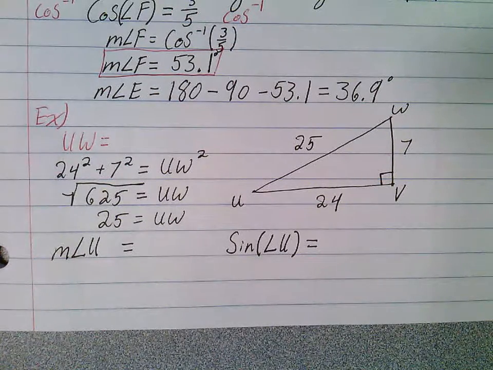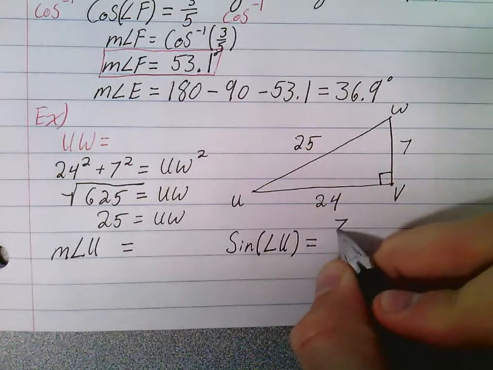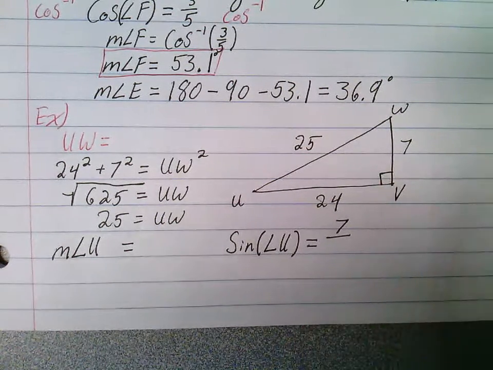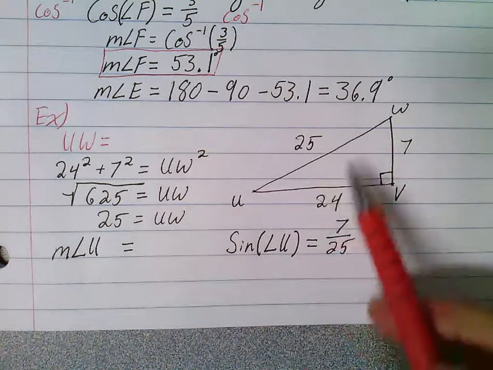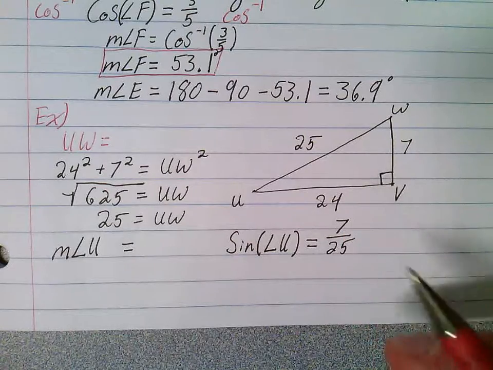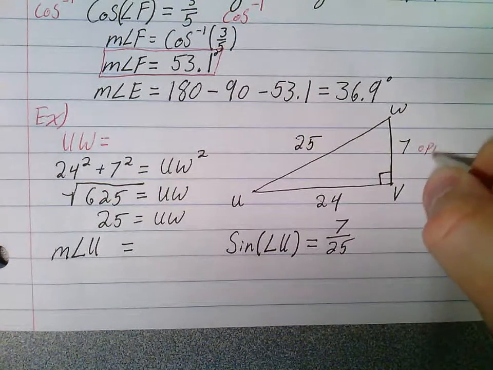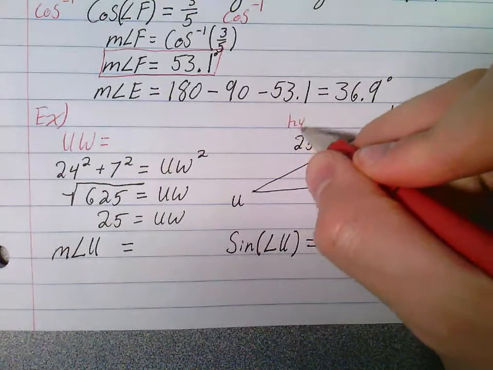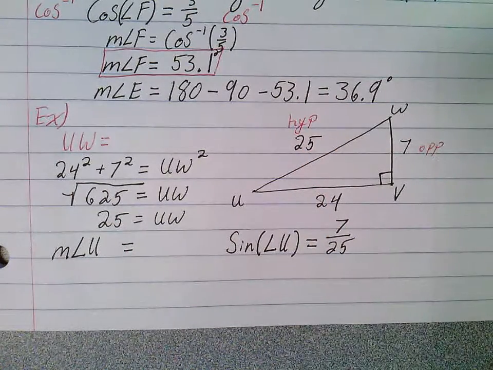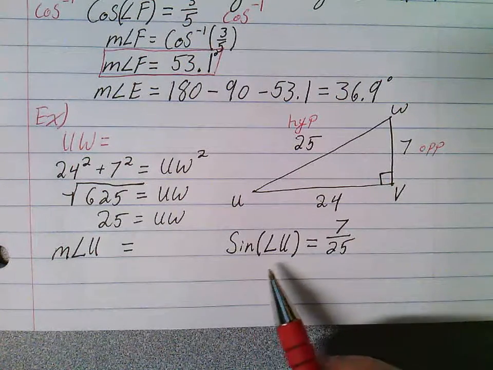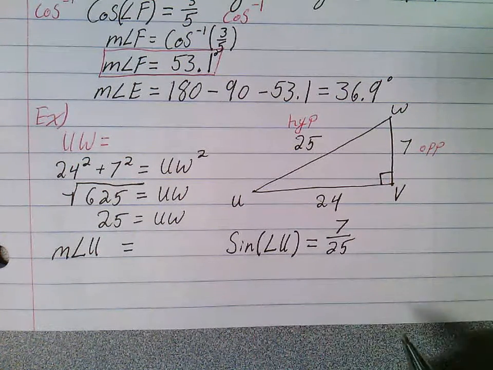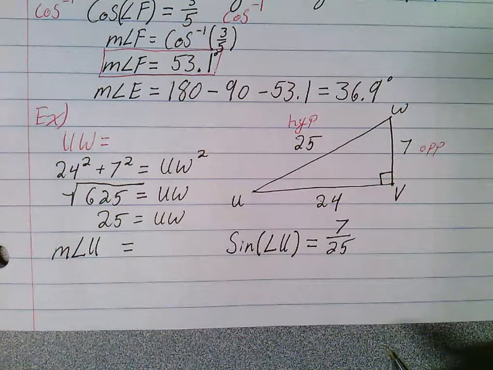Yeah, there we go. 7 over 25. 7 opposite over 25, which is our hypotenuse. That's why I always like finding that third side first, because it makes me have all of the numbers here. So we call this our opposite, and this is our hypotenuse. Well, then to solve for the measure of angle U, which operation do we need to do?